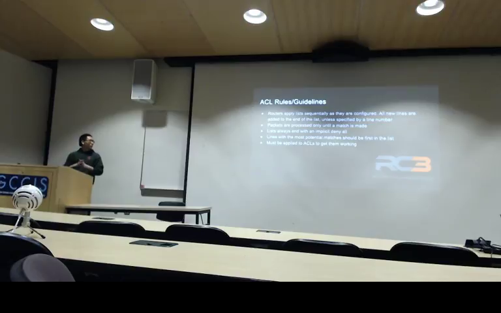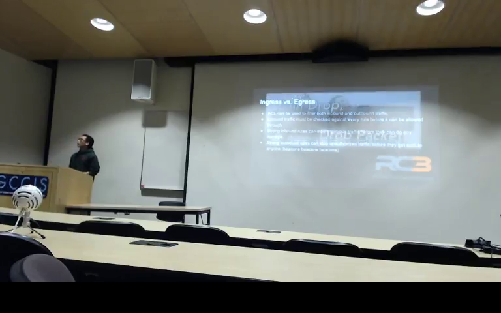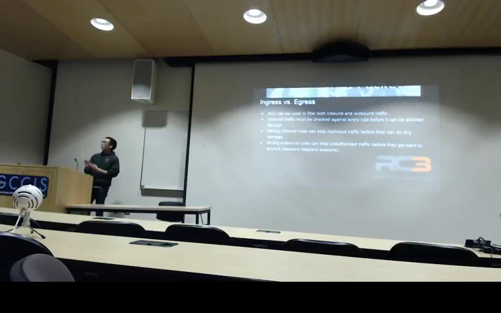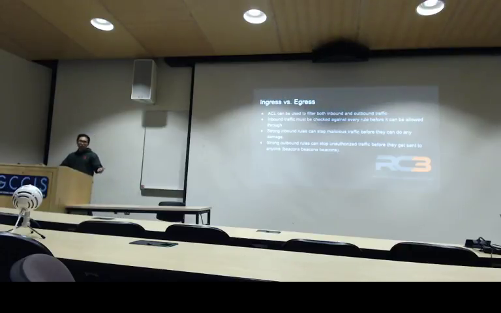On a router, you have at least a couple of little holes that you plug your Ethernet cables through, the interfaces. You want to apply your firewall rules to a specific interface to get them working. So let's talk about ingress and egress traffic. An ACL is great because it can filter both ingress and egress.